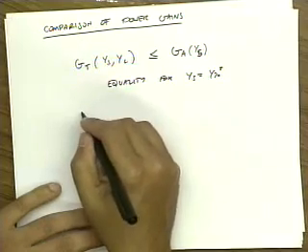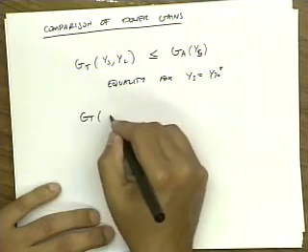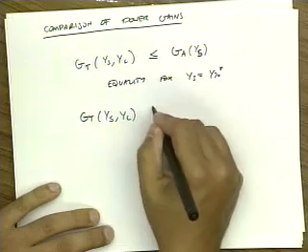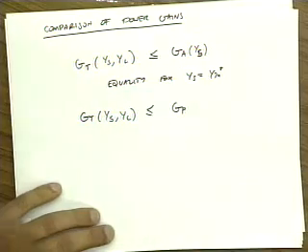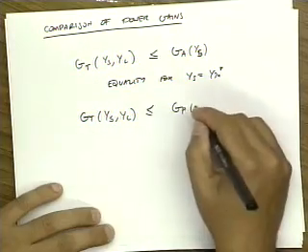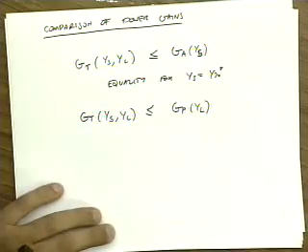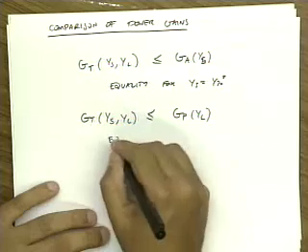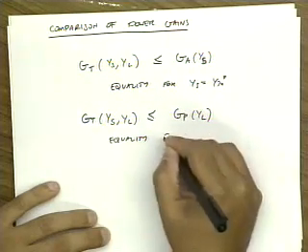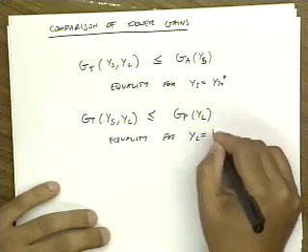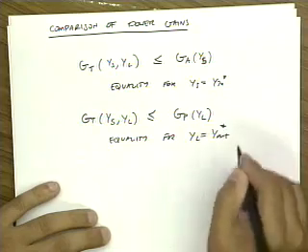Similarly, we found last lecture that GT, again a function of Ys and Yl, is always less than or equal to the power gain. The power gain is only a function of Yl. It's the power in the load divided by the power coming into the network. And again, equality holds for Yl equal to Yout conjugate.